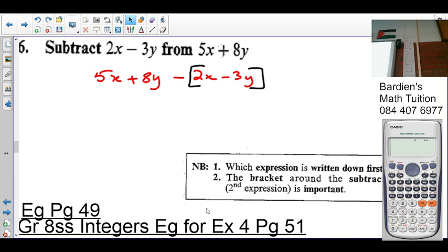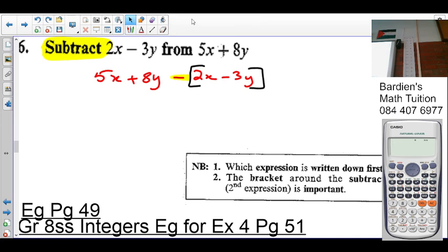Yes, Michael? He's asking where the negative comes from. We get that negative because of the word subtract. It's not add, it's subtract. Any other questions?